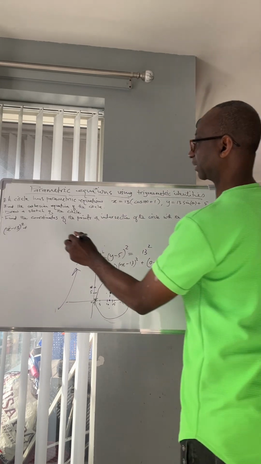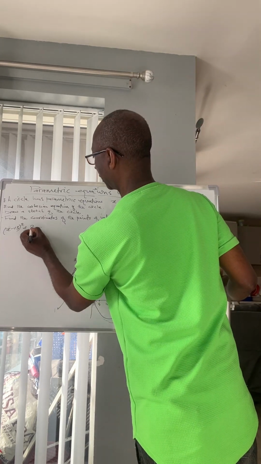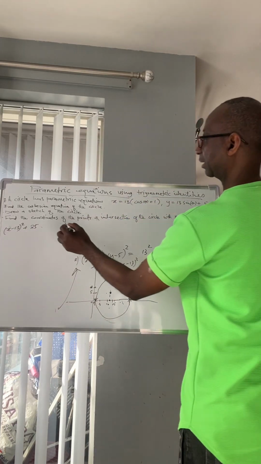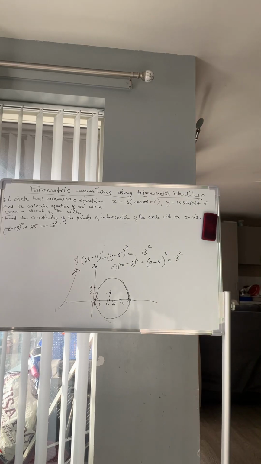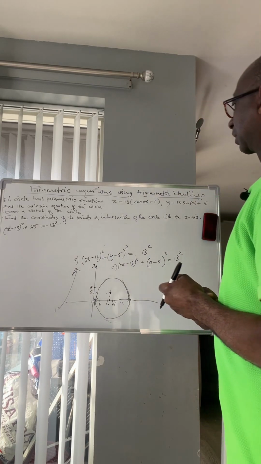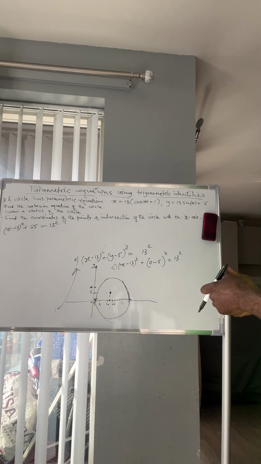No more negative sign. So here we'll just say plus 25. And it's equal to 13 squared. We are looking for the coordinates of the point of intersection of the circle with the x-axis. That's what we are finding now.